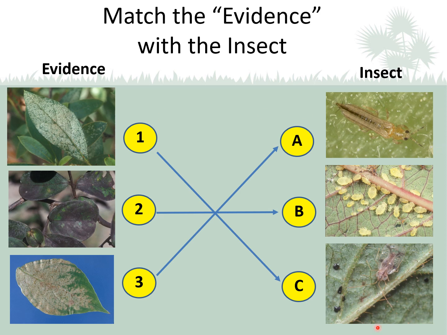Here we go. This is stippling on azalea caused by the azalea lace bug, sooty mold on crepe myrtle caused by crepe myrtle aphids, and silver-flecked scraped foliage caused by thrips.